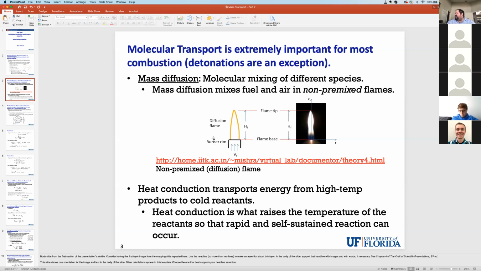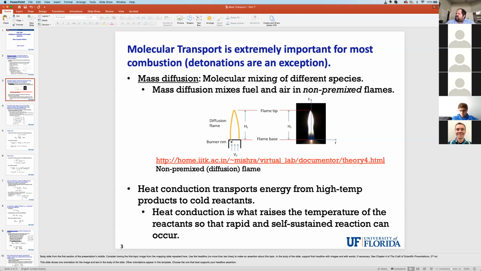If you ignite it, you'll have a nice little so-called diffusion flame. Actually, the term diffusion flame is going out of vogue right now. The term is non-premixed flame, because non-premixed is the more general term. You can have non-diffusion dominated non-premixed flames, and I'm not going to get into those in this class.